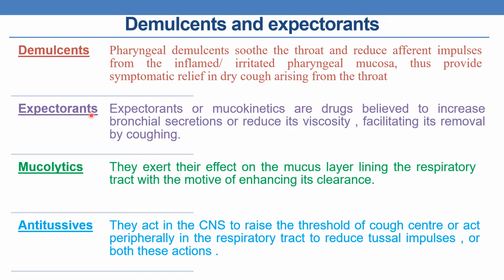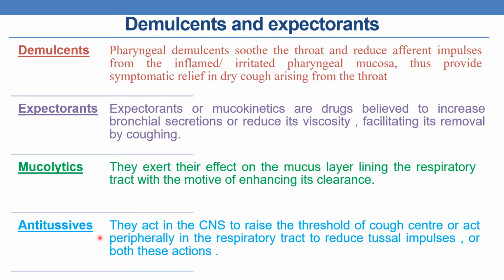Now coming to expectorants. Expectorants or mucokinetics are the drugs that are believed to increase bronchial secretions or reduce its viscosity, facilitating its removal by coughing. Coming to mucolytics, they extend their effect on the mucus layer lining the respiratory tract with the motive of enhancing its clearance.